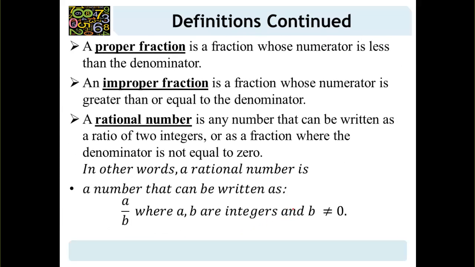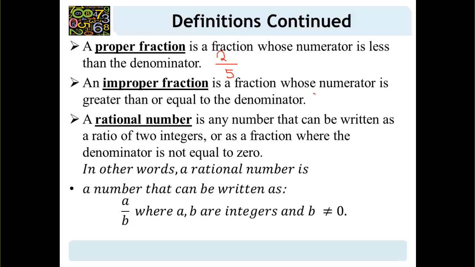A proper fraction is a fraction whose numerator is less than the denominator. So if we have something like 2 out of 5, for instance, the numerator is 2 and the denominator is 5. So this is a proper fraction. An improper fraction is a fraction whose numerator is greater than or equal to the denominator.